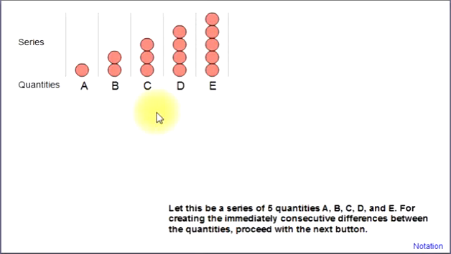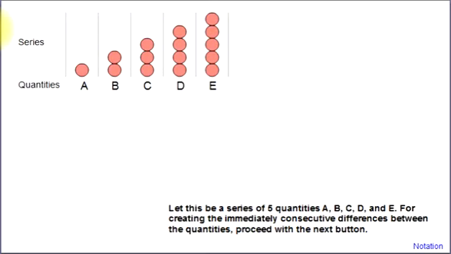And Leibniz says that the difference between the outer quantities, namely A and E, can never be larger than the sum of those quantities of the differences from in between each successive element. And that's what we are going to show in the following.